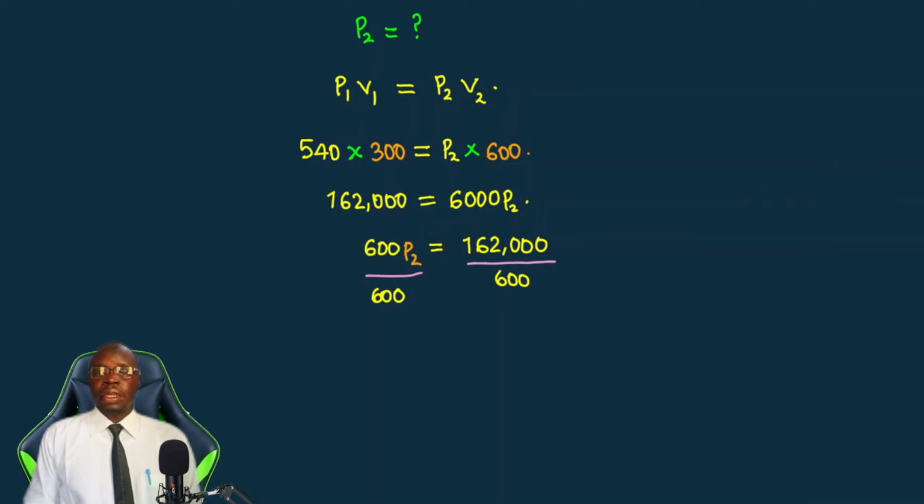Now we can see that this 600 from the left-hand side will just cancel. So our pressure 2 should give us, if we divide this, 270.